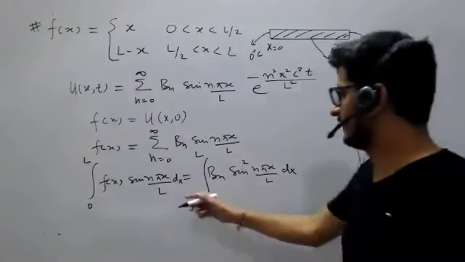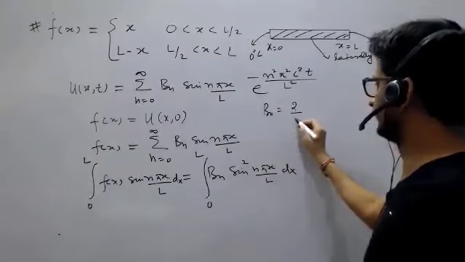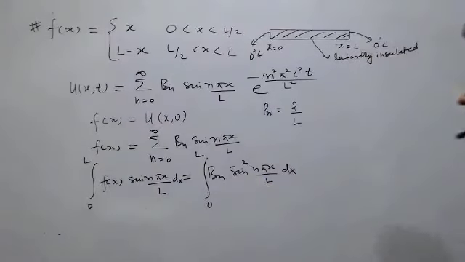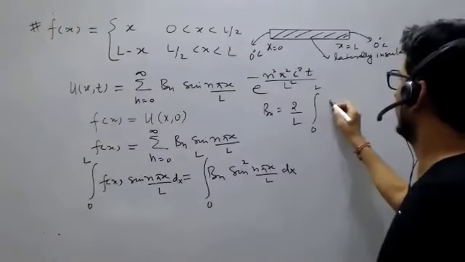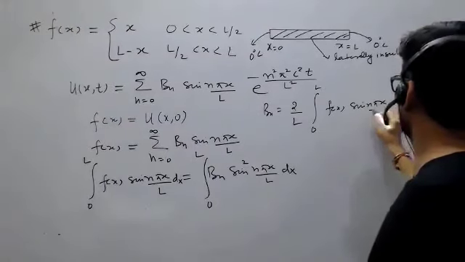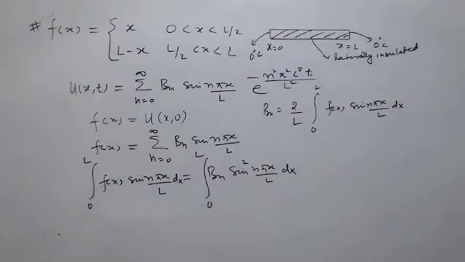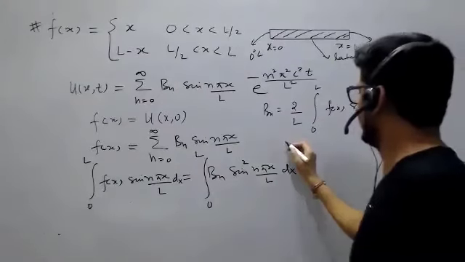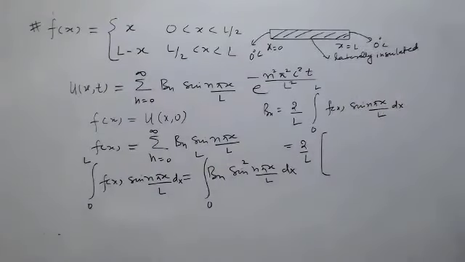Okay. So b_n will become 2 by, so the integration of this will become L by 2. So it will become 2 by L, integral from 0 to L of f(x) sine of n pi x by L dx. Okay, correct. So let me take it like this: 2 by L, and there is a discontinuity in the function because f(x) is not the same between 0 to L, it is different.